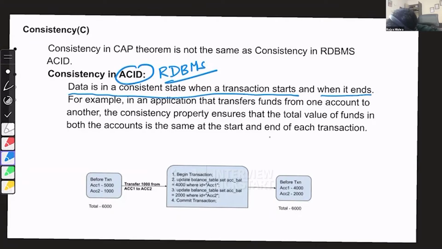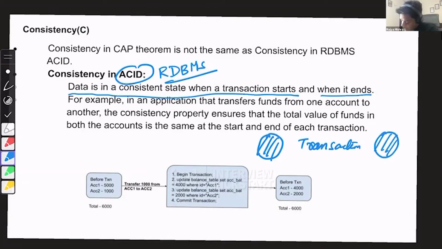So let's say this is the state of the system. Now the database transaction happens here, and even after that, the state of the system remains consistent. So this is consistency in the ACID property. Let me explain it. Let's say this is the before-transaction part.